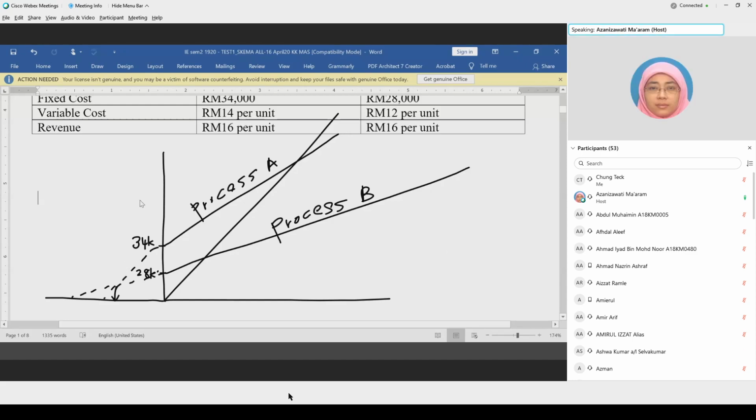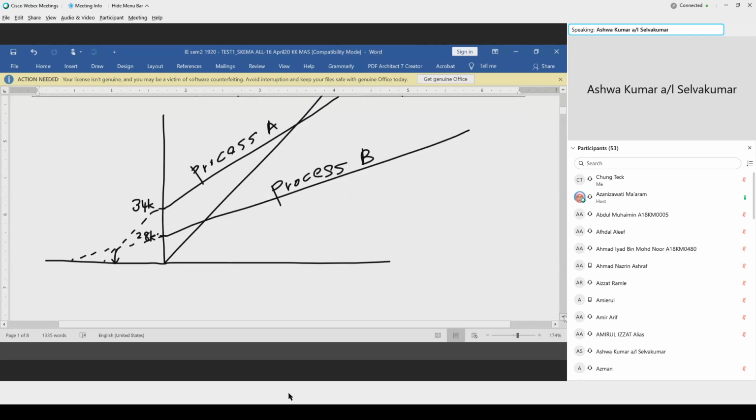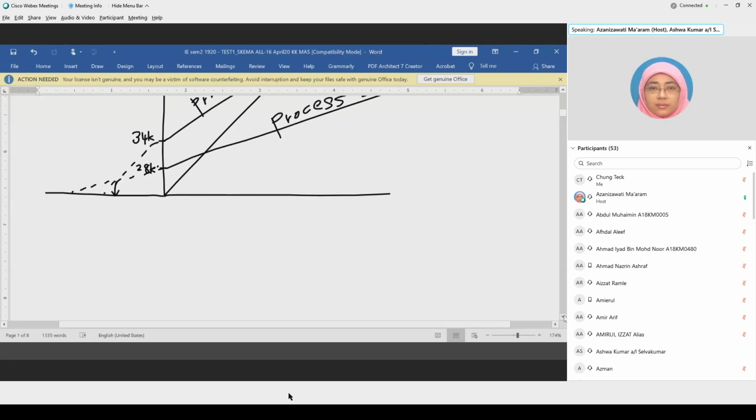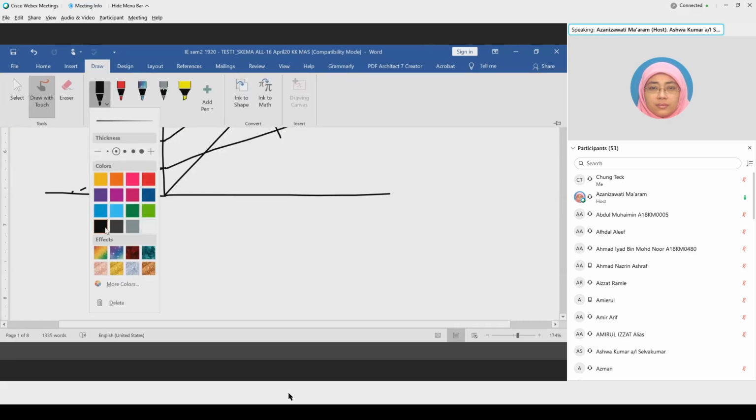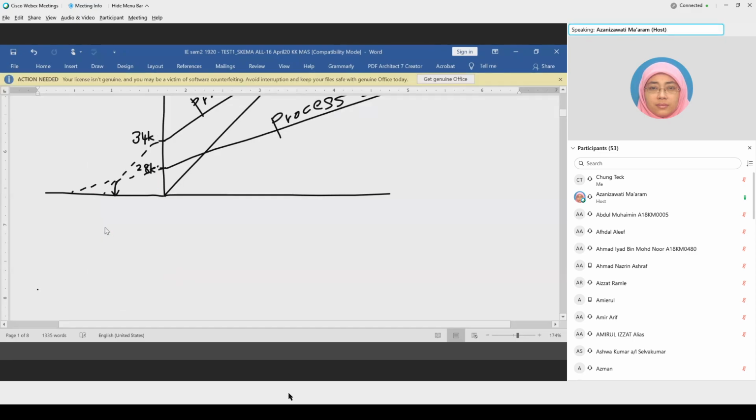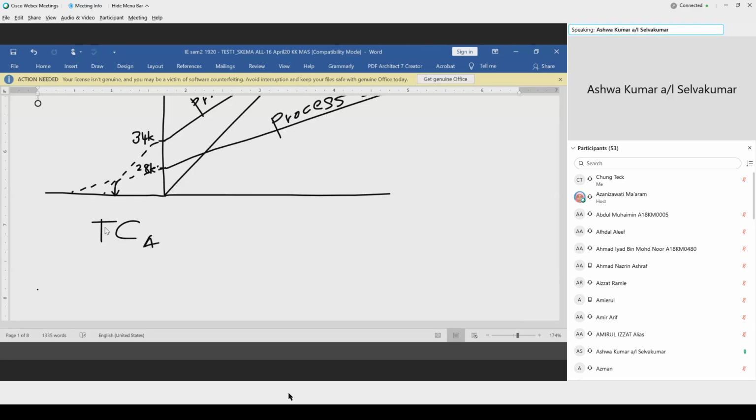Alright. You have to calculate the break-even for process A and process B. How do you calculate it? TCA equals TCB.